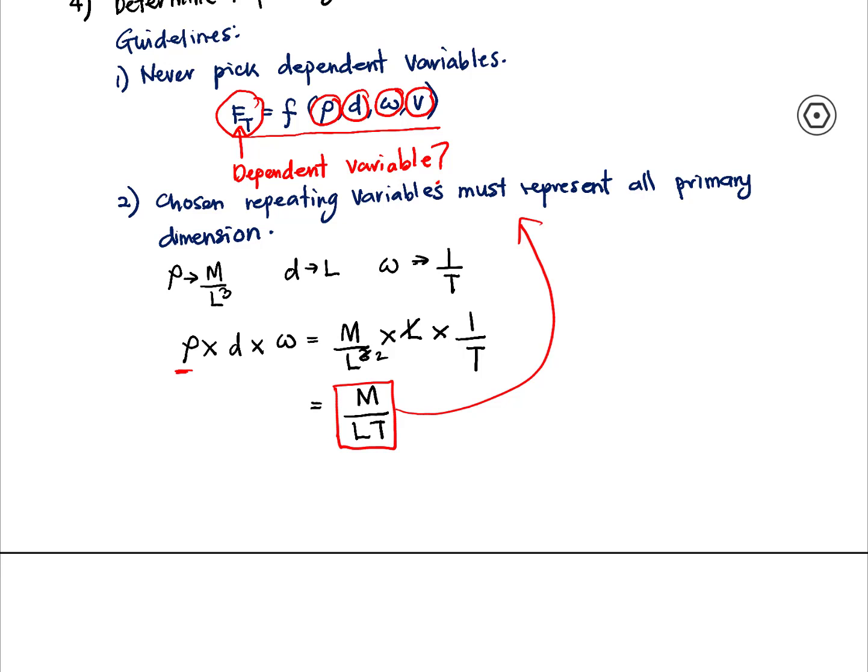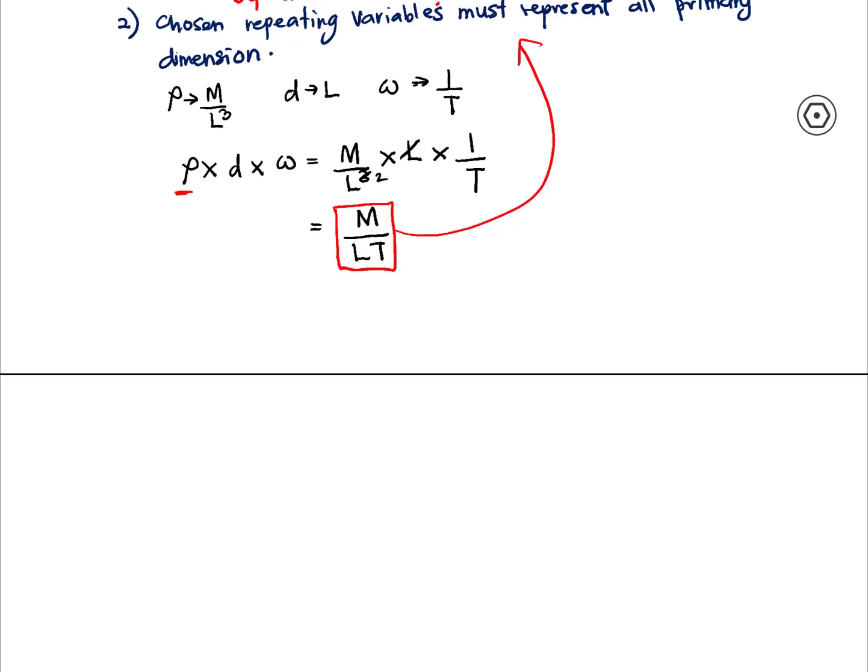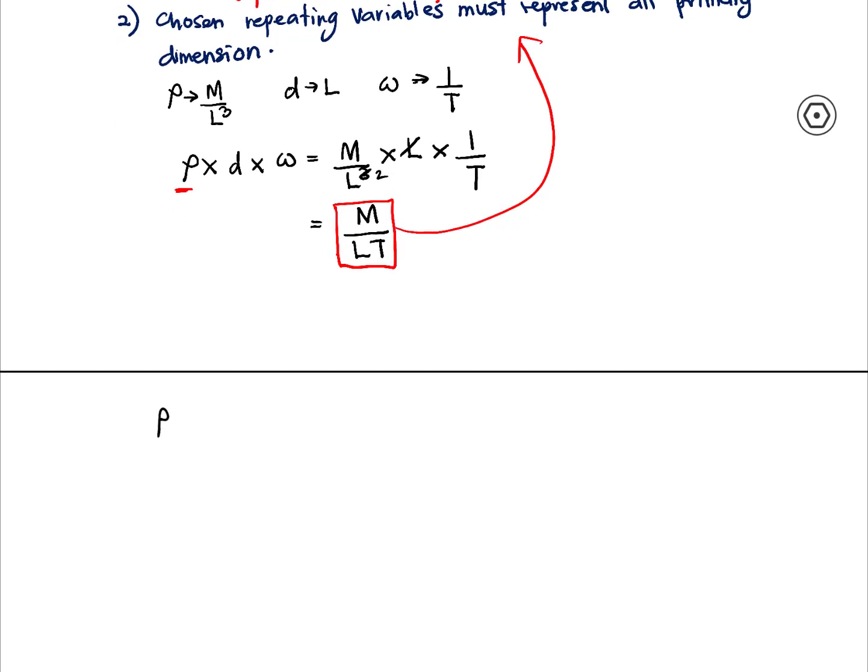So can we select other repeating variables? We don't want to select density, diameter, and omega. We want to select density, diameter, and velocity. So what will happen?